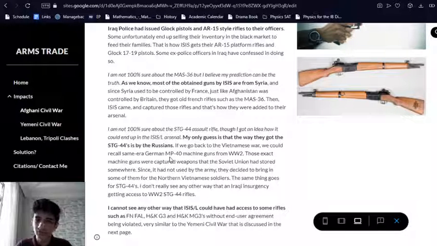how ISIS got them. Again, for example, here, MAS 36, Syria was a mandate or a colony of France, and that is how they got French World War II era rifles. And later, ISIS came in and, softly speaking, stole or captured those rifles.